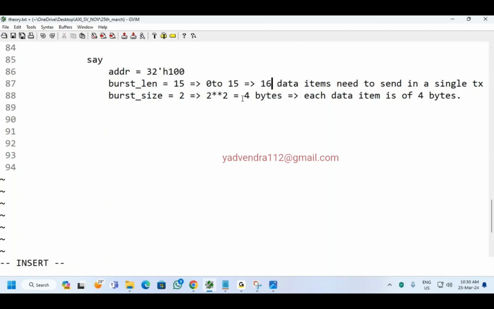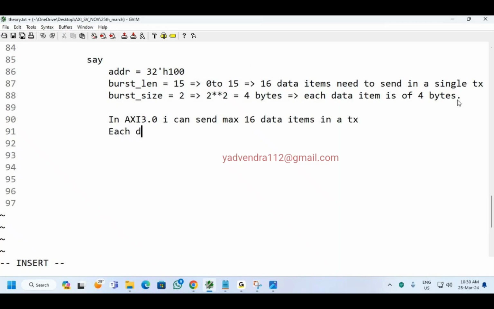So if you calculate, 64 bytes of data is actually going in a single transaction. Got it? So I can send 16 data items. In AXI 3.0, I can send a max of 16 data items in a transaction.